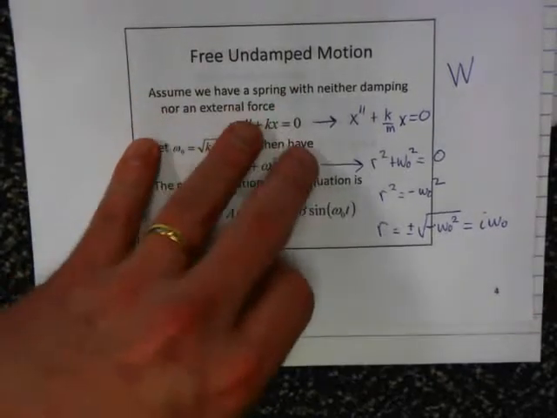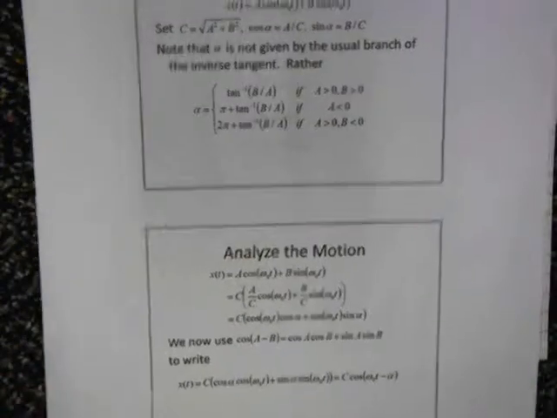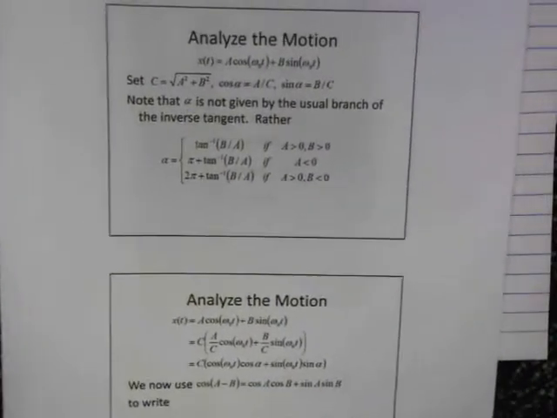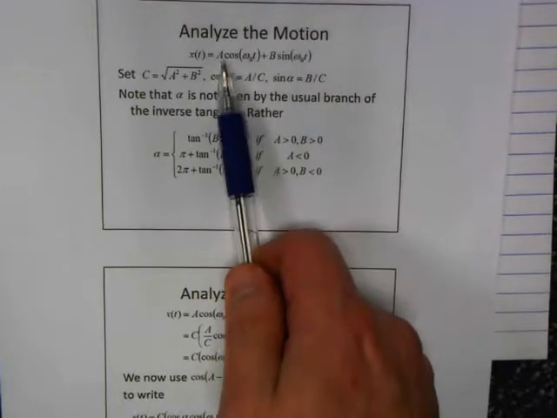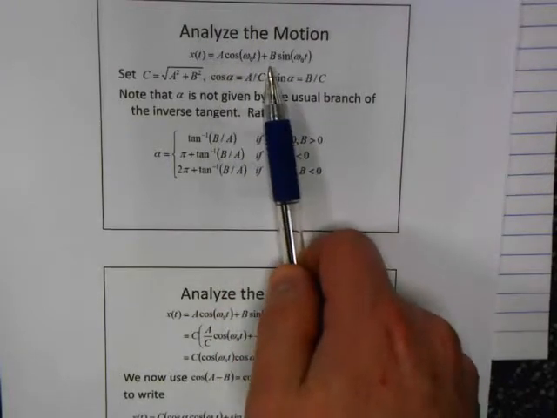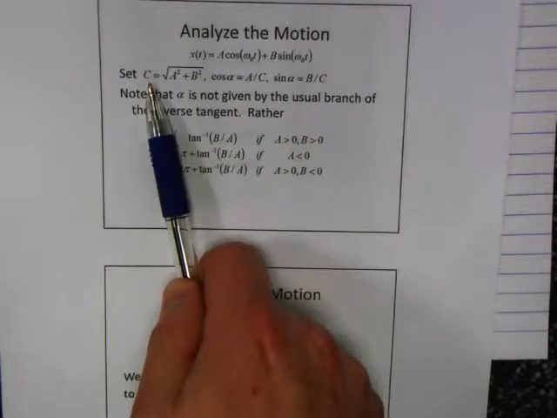Let's see how good our trigonometry is. Remember, our answer had a cosine omega naught t plus b sine omega naught t. We're going to create a new letter, c.